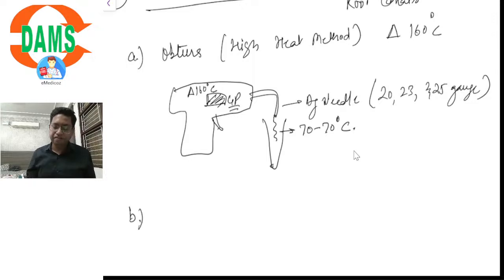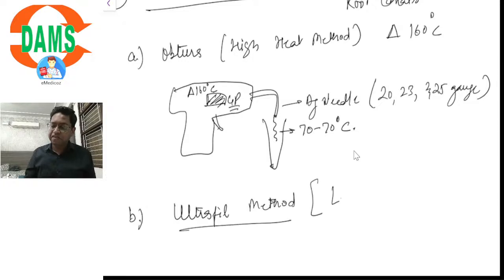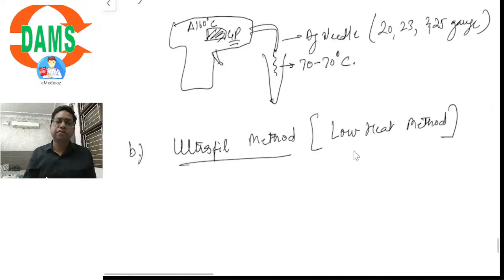The second method is Ultrafil. Ultrafil is basically a low heat method of thermoplasticized gutta-percha obturation.